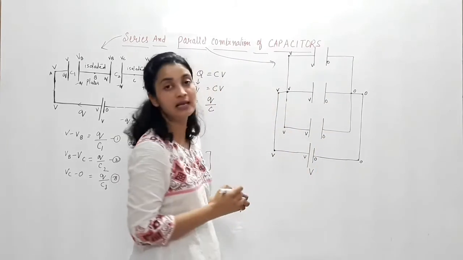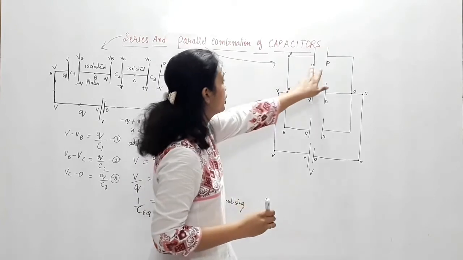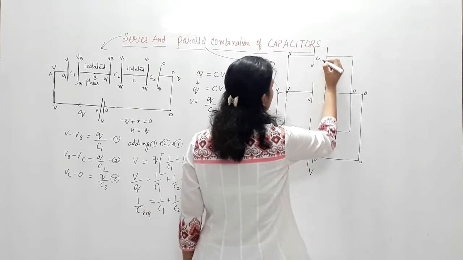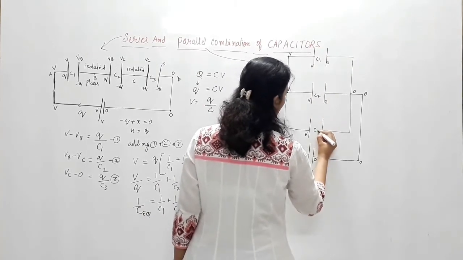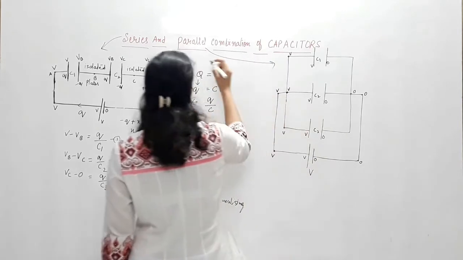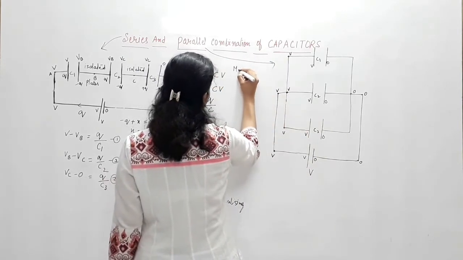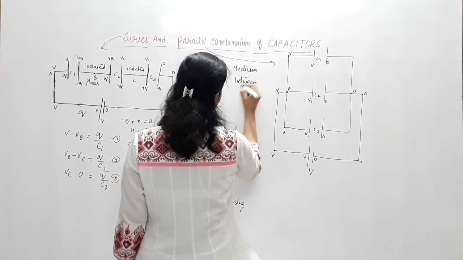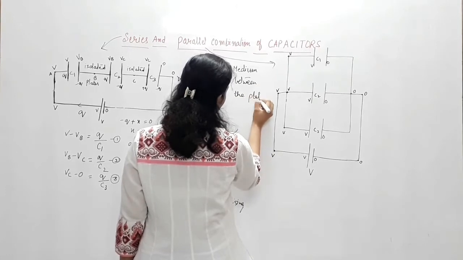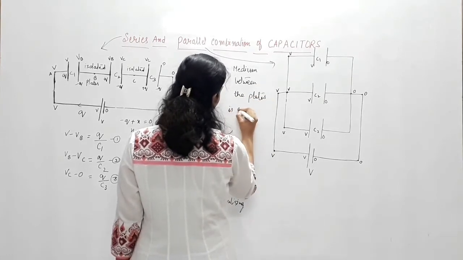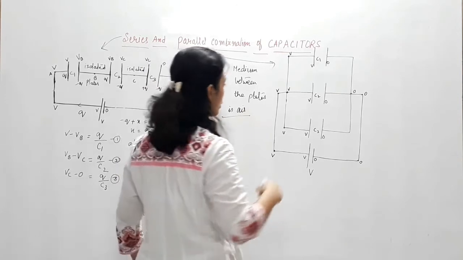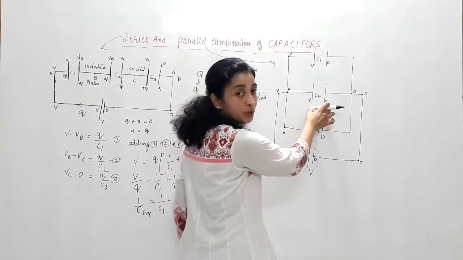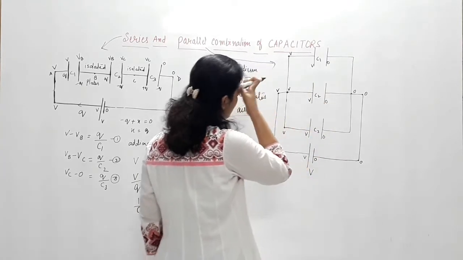You can very clearly see in parallel combination the potential difference across the capacitors is the same, that is V minus 0, that is V. Let us say the capacitance values are C1, C2, C3, and remember the medium between the plates is air. Later on in the coming episodes we will see about the dielectric also. So the potential difference is V here, here also, and here also V only.